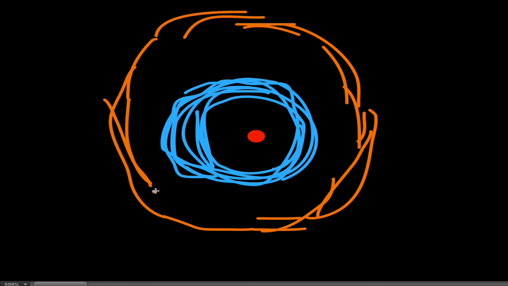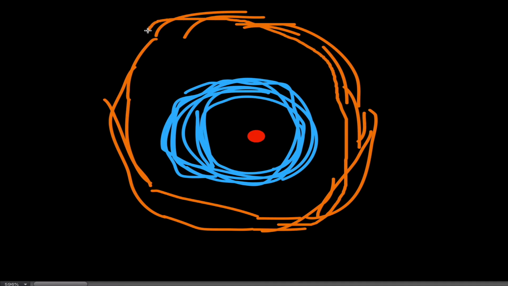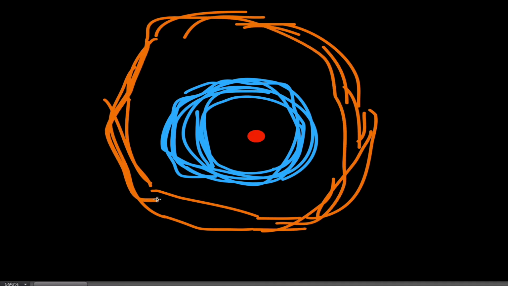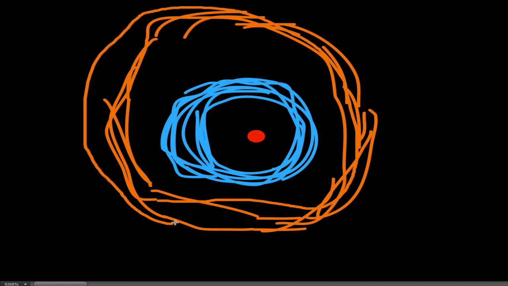Well, you get the general idea. So it will be in this higher energy level, what is called the 2s shell. Okay, that's a formal definition.